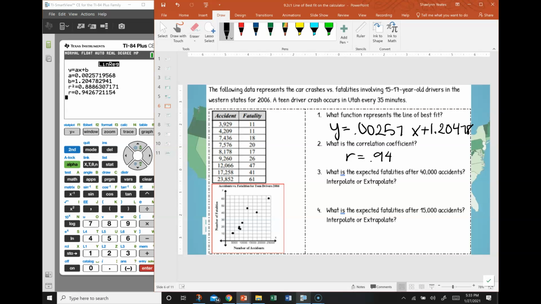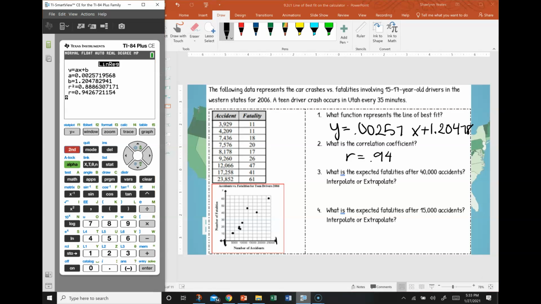So what is the expected fatalities for 40,000 accidents? Okay, and then we're going to decide if this is interpolating or extrapolating. So first things first, I'm going to make my graph look like this one. So I'm going to go to Y equals, I'm going to go to my window. I'm going to make my x-axis go from 0 to 25,000.